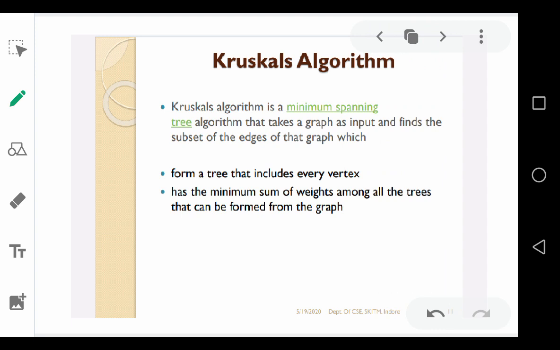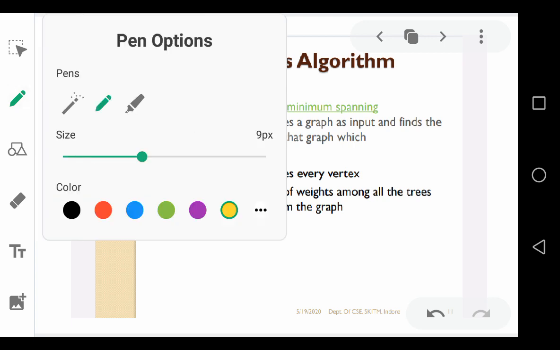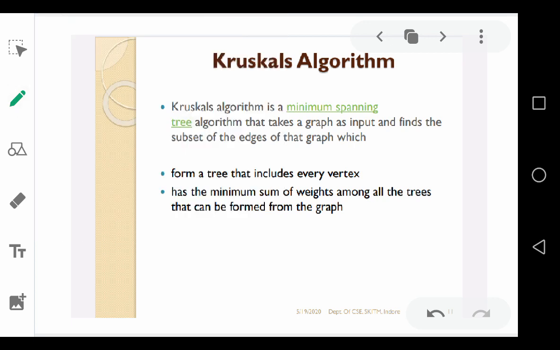Generally in the question they are going to ask what is the weight of the tree. So instead of wasting time, we'll start with Kruskal's algorithm.